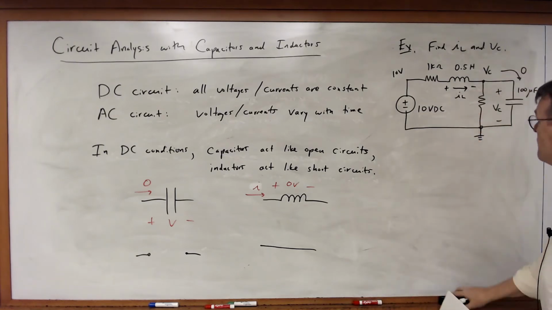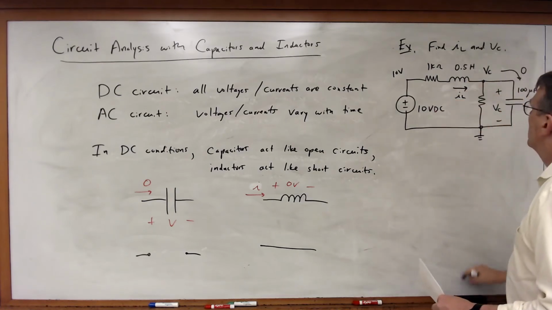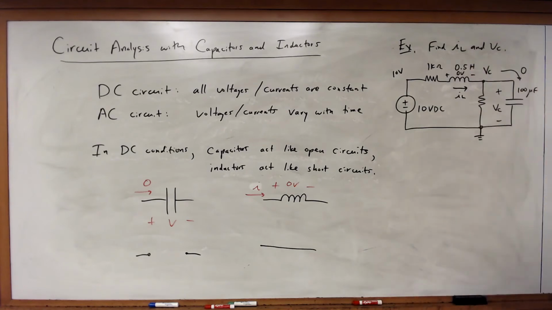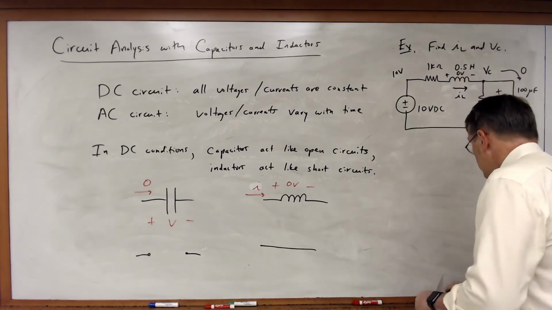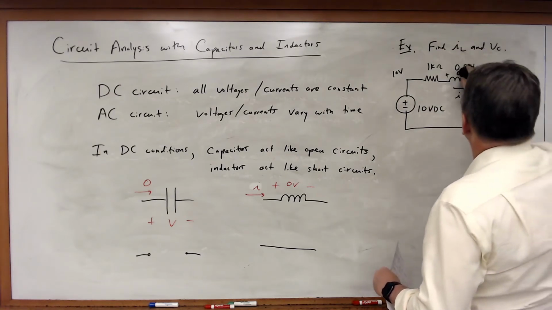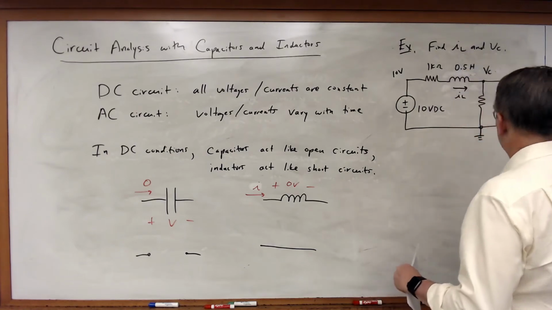So I know that the voltage across this inductor must be equal to 0 volts. And in fact, let me do this in a little bit different color to keep this from getting too confusing here.